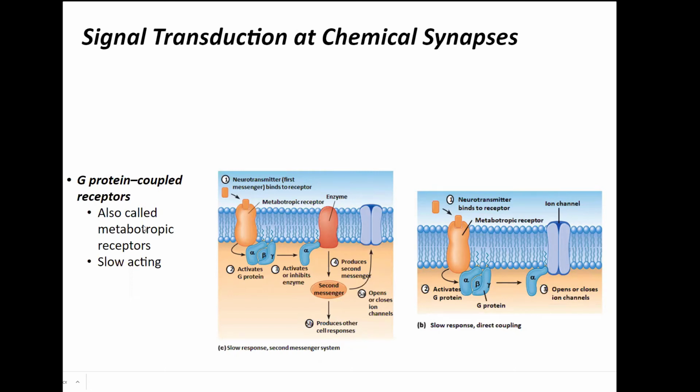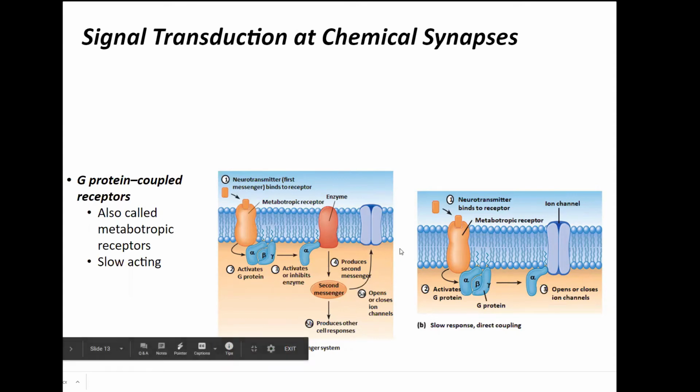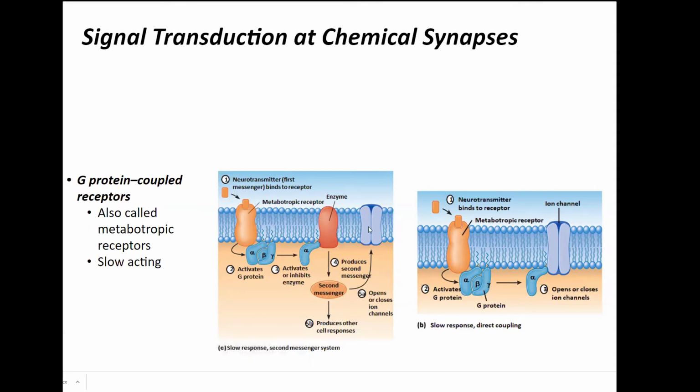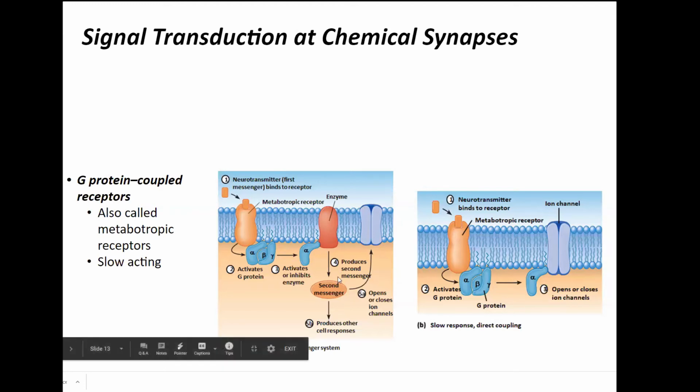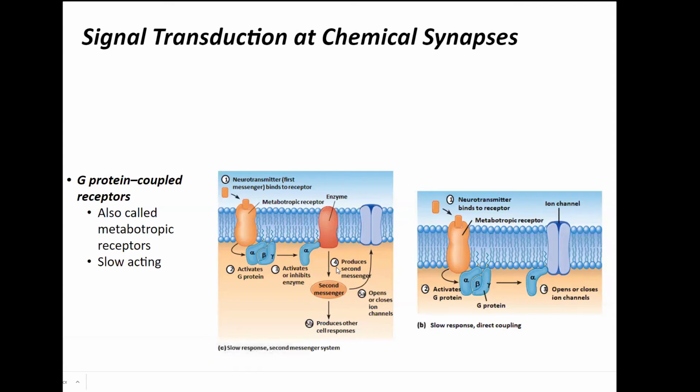Here with our metabotropic receptors, we have to bind to the receptor, release this G protein, and potentially make a second messenger, which then indirectly opens the ion channel. The second messenger can have other effects in the cell as well, in addition to opening these ion channels. We'll see that cyclic AMP does a lot of different things in cells.